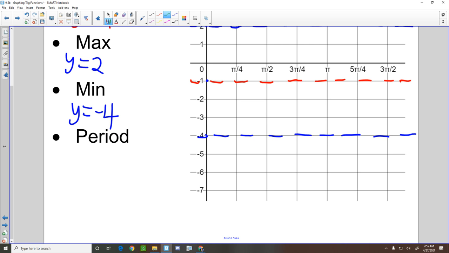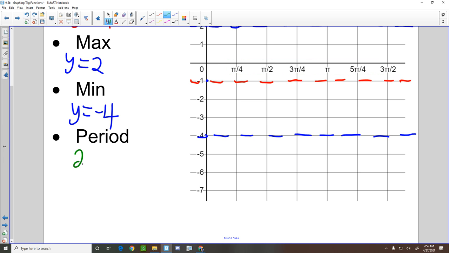What number should I use for this function? Should I use 2 pi or 360 degrees? What do you think, everybody? Look at the units here. See how those are all in radians? They all have pi in them. So we want to use the 2 pi to divide it. That's going to be what tells us how we want to graph this.